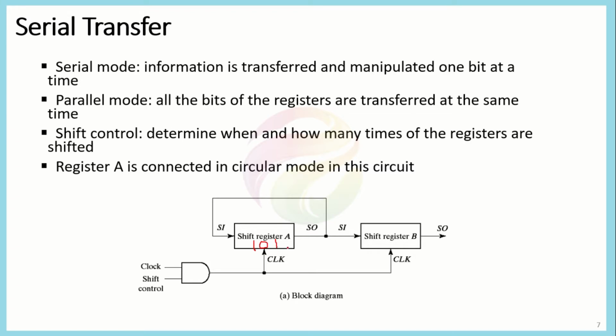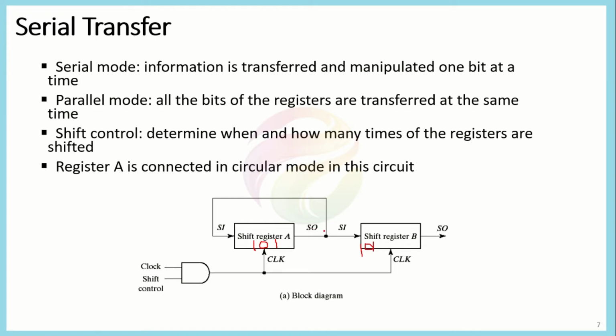After the first clock cycle, the 1 would move to shift register B. After the next clock cycle, 0 would move to shift register B. After the third clock cycle, 1 would move to here. And if we are not connecting it in the form of a feedback, there will simply be 0 inserted in all the rest of the register spaces. So we would not be storing the value of A.